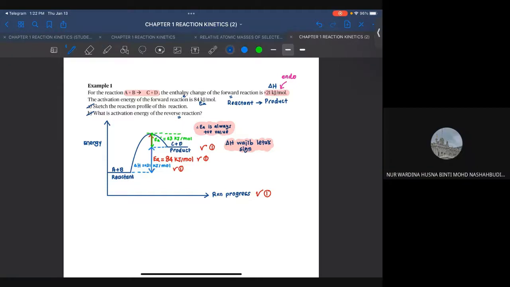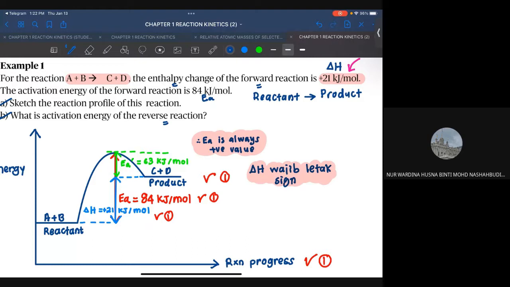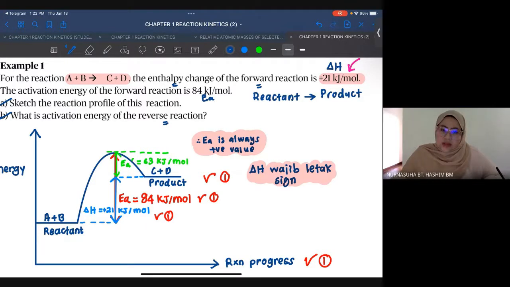No. Contohnya kalau nak dapatkan EA reverse tu kan madam. Ya. Right? Madam tak dengar lah. Madam tak dengar soalan. Hello? Oh, Wadina ke yang tanya? Cuba type soalan. Cuba type soalan.